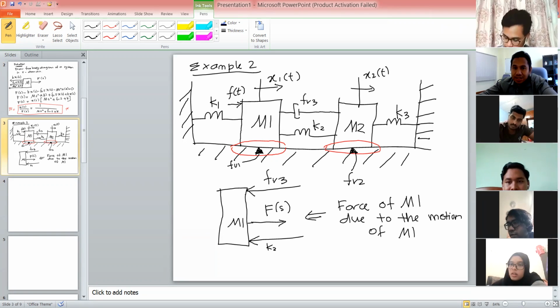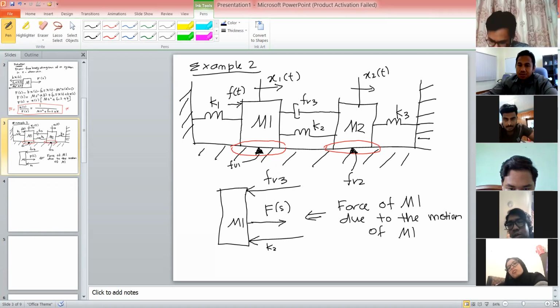Is it correct just like this? I only wrote FV3, is it correct? Correct.